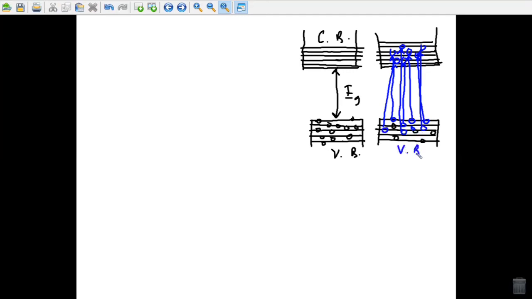So still this is my valence band, this is my conduction band, this is the lowest unoccupied conduction band, this is the highest occupied valence band, this is EV and this is EC. So this is at absolute zero and this is for T greater than 0 K. Some of the electrons from the valence band are excited to the conduction band and holes appear. These are holes, the absence of electrons in the valence band, and free electrons in the conduction band usually conduct.